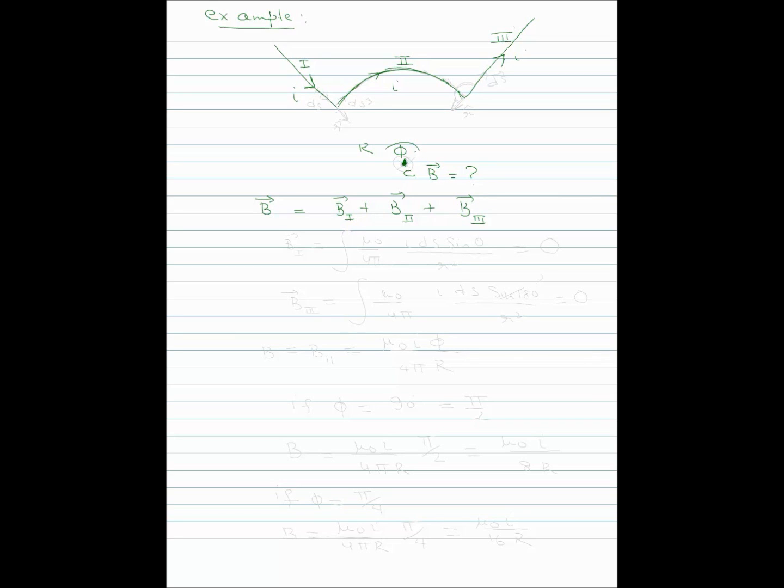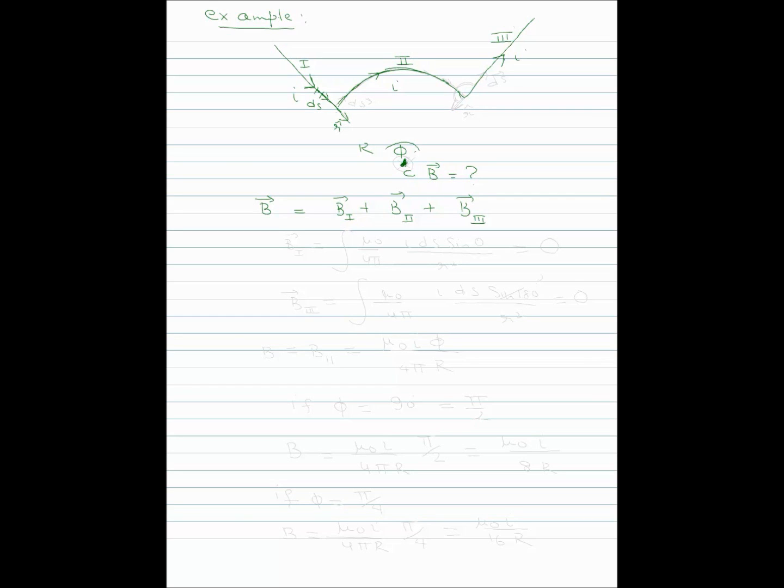Okay, now let's see what the contributions due to parts 1 and 3 are, using the Biot-Savart law. In order to see that, let's consider an infinitesimal current element here, ds, in the direction of I, which is like this. What's the direction of the r hat vector? Well, r hat is along the straight line joining ds with C, but that's again in the same direction as ds.